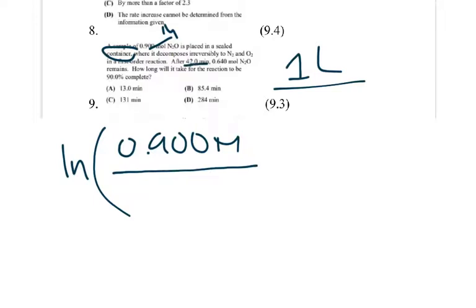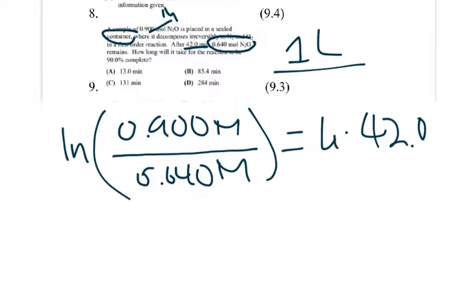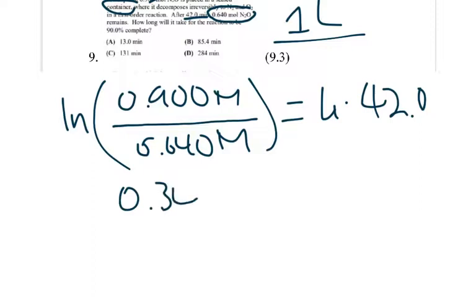So after 42 minutes, 0.640 molarity of N2O remain. And this is equal to K times the amount of time that passed, 42.0 minutes. So doing the math, the natural log of 0.9 divided by 0.64 will actually turn out to be 0.341.